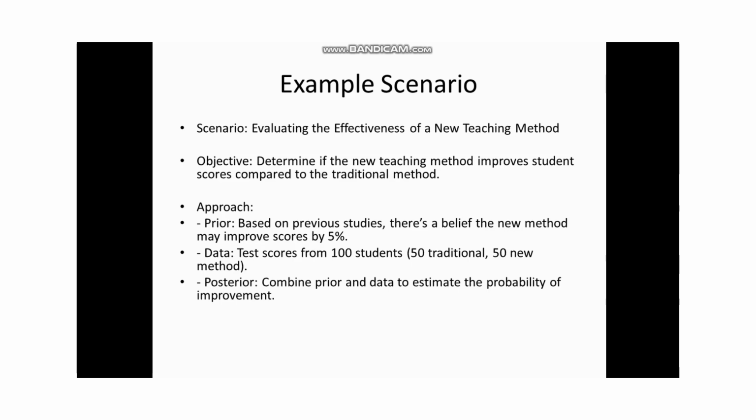Then the data we are going to use for the analysis involves test scores from 100 students. We have 50 students where the traditional teaching method was used, and on the other 50 the new teaching method was used. Then the posterior is to combine the prior and data to estimate the probability of improvement.